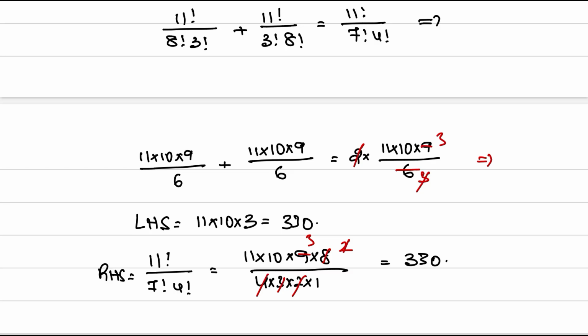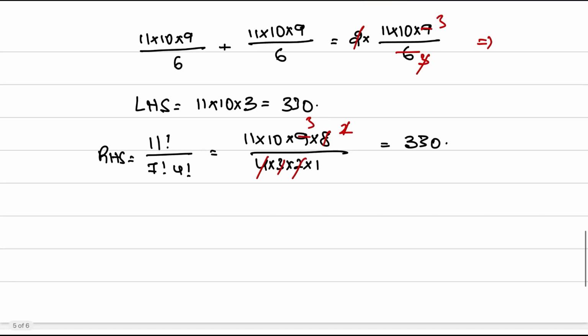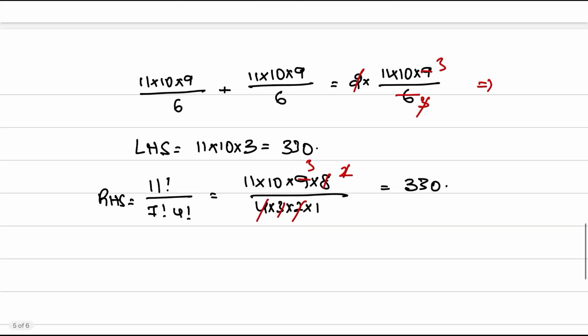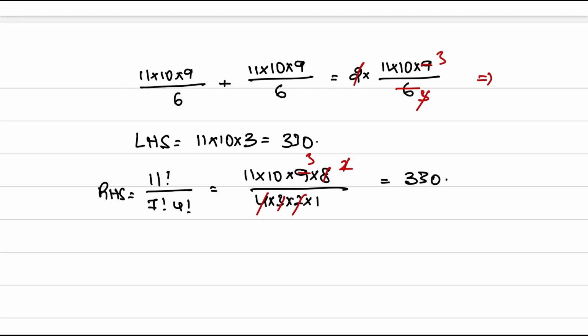Cross check again. When R1 is equal to 3, R2 is equal to 8 and R3 is equal to 4, all are different.